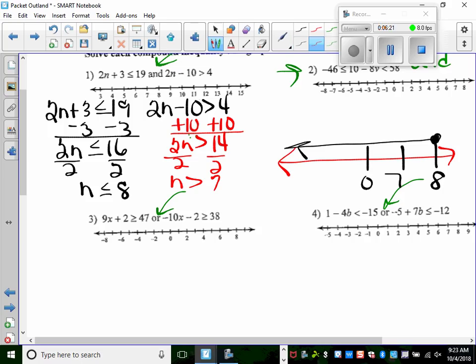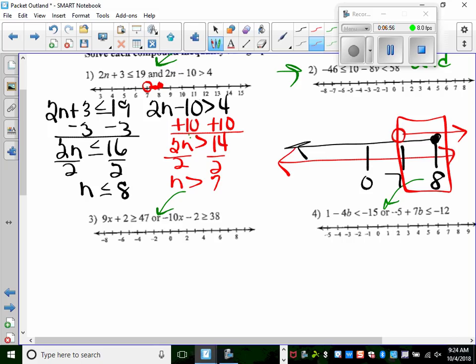Then 7 has an open circle, but it's greater than, so it's going in this direction. Now, we only want where we see the red and the black overlapping, so that will only be from 7 to 8. Do you agree? So when you do your answer graph, it's only going to look like that. You're going to have an open circle on 7, a closed one on 8, and you would shade it in between the two numbers. So it's a very short graph.